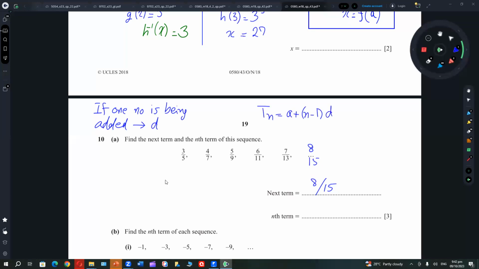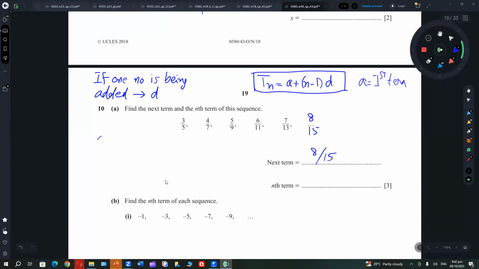You can learn this formula. Copy this formula in your notes.